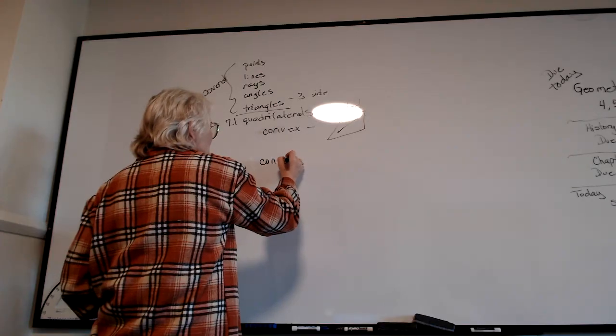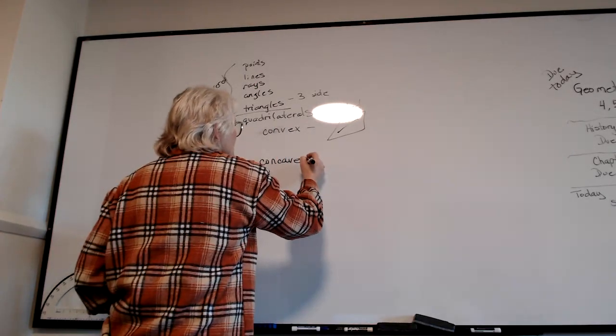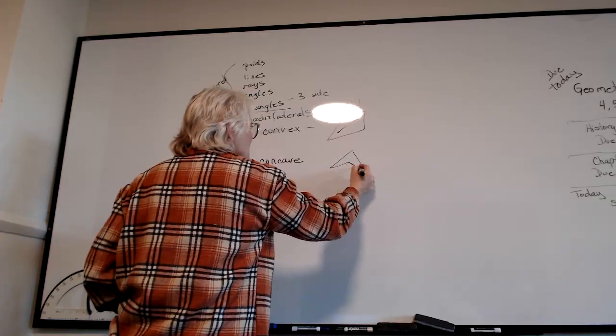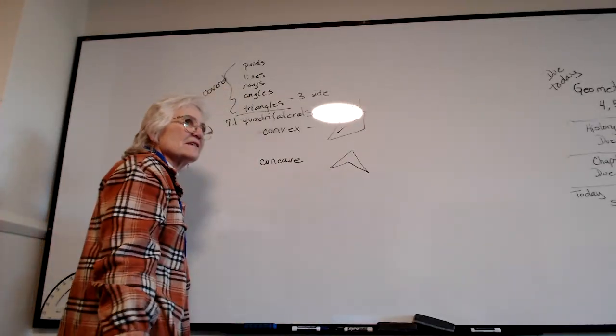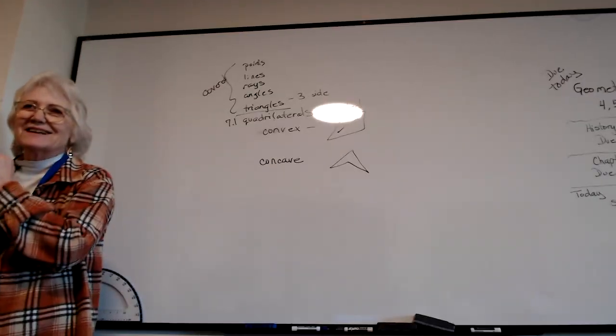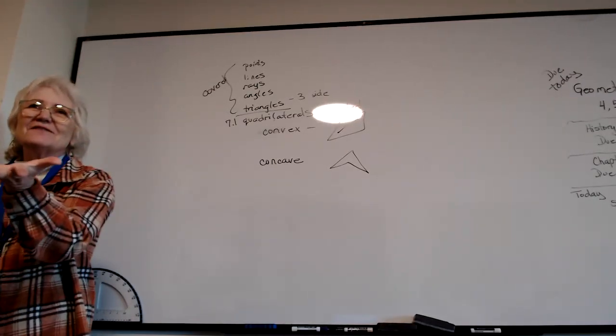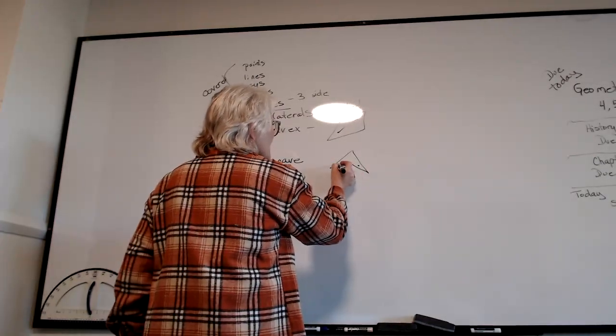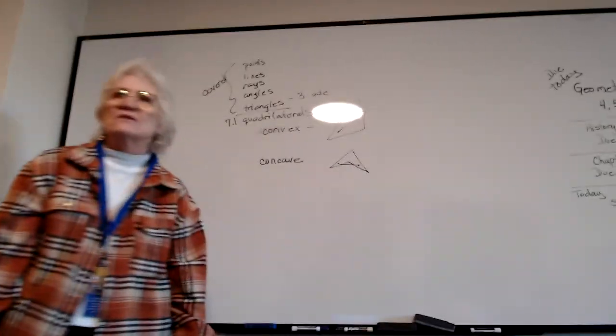Concave is when we have something like that, it caves in on itself. That's how I say you notice it, because it kind of caves in. It looks like a cave there. But notice if I put 2 points over here, I go outside the quadrilateral.